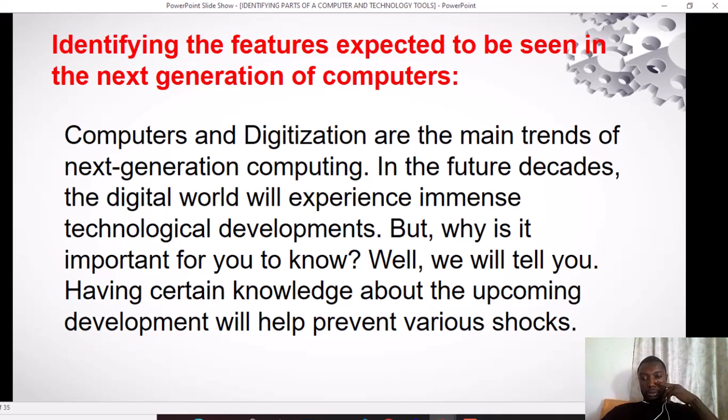Having certain knowledge about the upcoming development will help prevent various shocks. So you have to know what is ahead of you, how the future will be, so that when you get there, it won't be surprising for you anymore because you were already told about it.